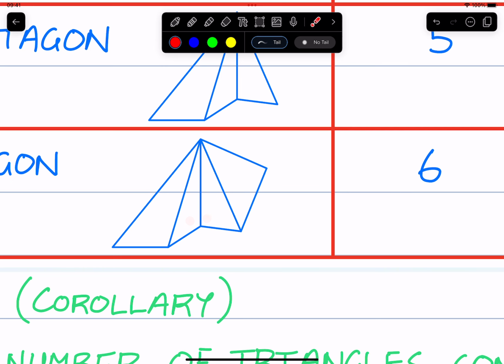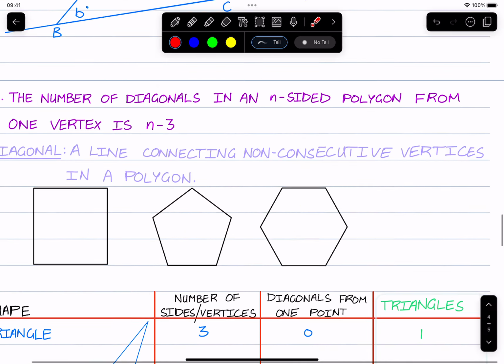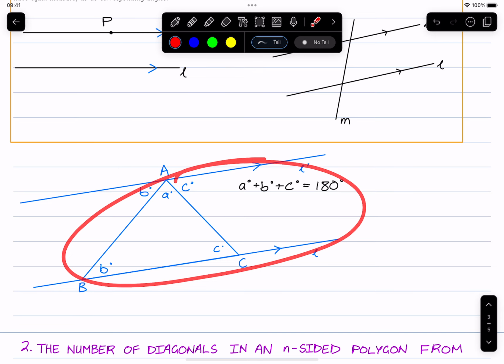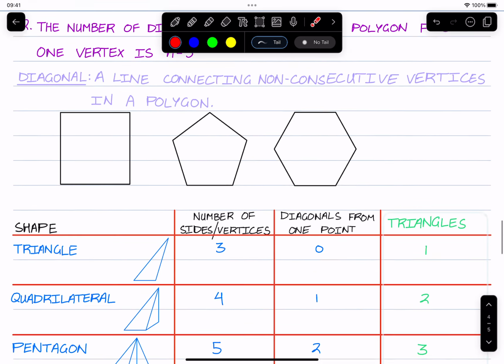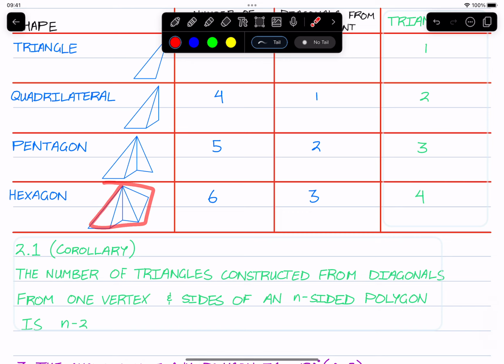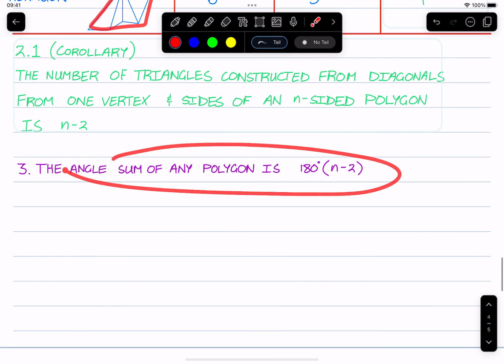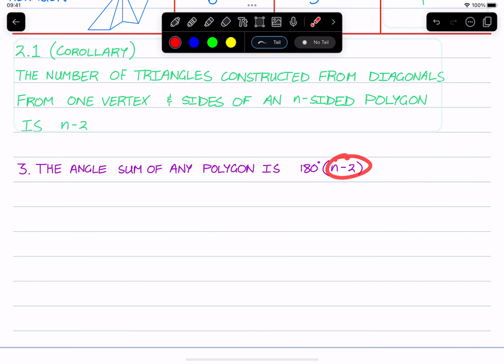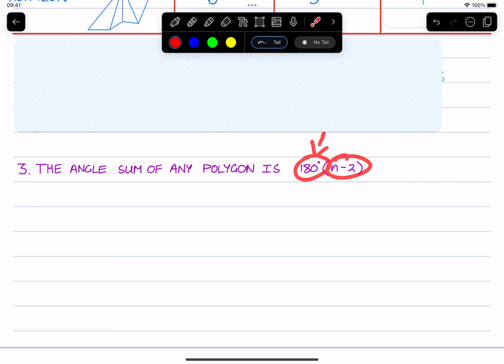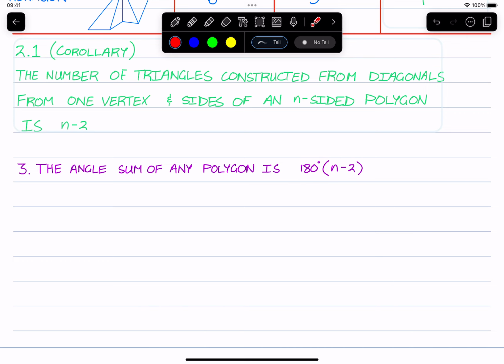These 2 angles are adjacent, so they must add. We continue this for all the angles, and you can see that all of these angles are the interior angles of this hexagon. Because the angle sum of each triangle is 180, and these are all constructed with triangles, the angle sum of any polygon must be the number of triangles inside the shape multiplied by the angle sum of the triangle, which is 180.